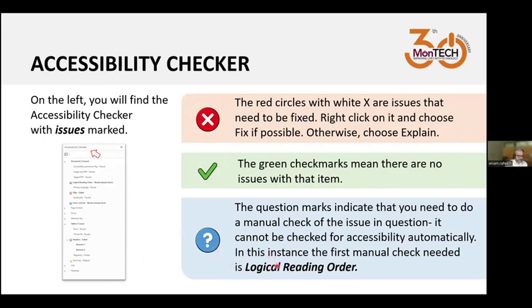The two things that you need to do manually are the logical reading order and the color contrast. And Michelle already talked about the color contrast. You need to be sure that you use the contrast checker before doing the accessibility check.